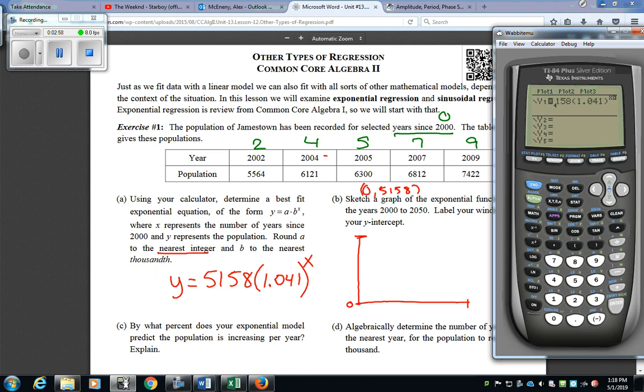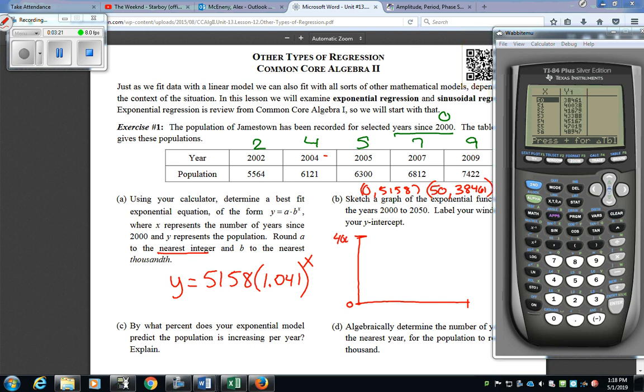And I need the one for 50, so I'm going to hit second and window, and I'm going to start my table at 50. And then I'm going to go to my table by hitting second and graph. And it looks like for that one I have 50 and then 38,461. So let's say I make this top line up here 40,000 for population.